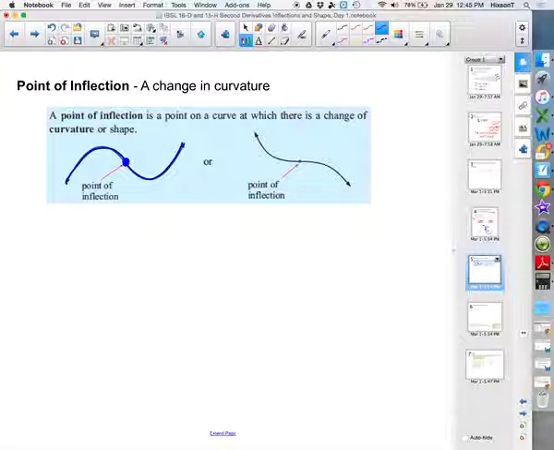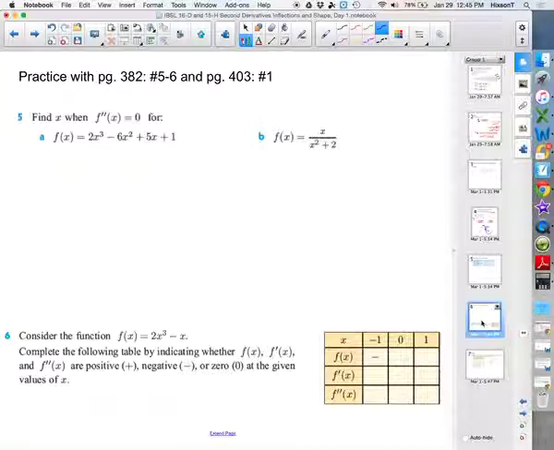So, what I wanted to try to do here, I've only given you 3 problems for practice. Here, it's just find the second derivative, and then we're taking it one step further, set that second derivative equal to 0, and try to find those values where it equals 0.